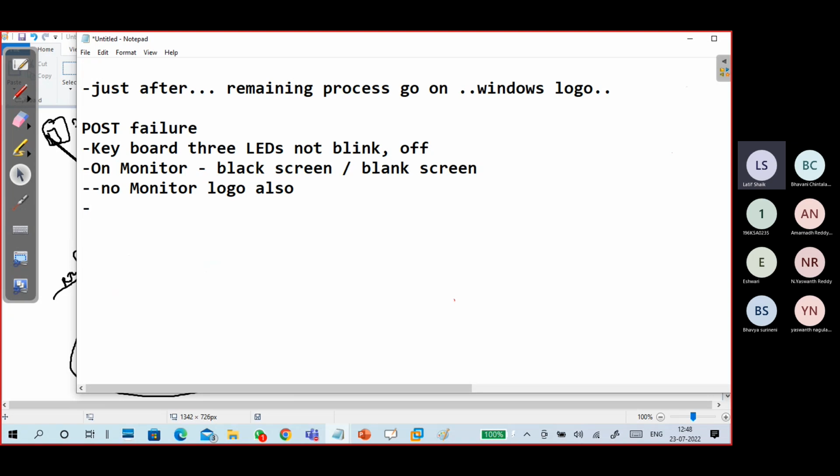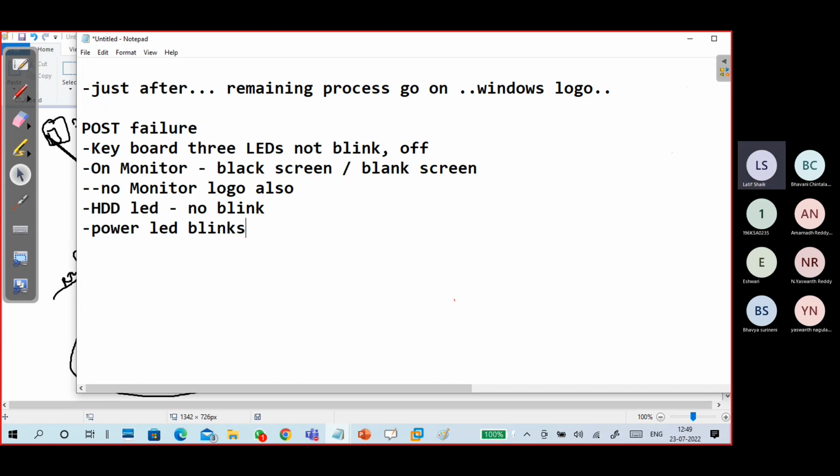Third one: the LEDs are there, right? Not blinking. The power LED blinks, the HDD LED not blinking. Power LED blinking means power supply is there, but POST failure.